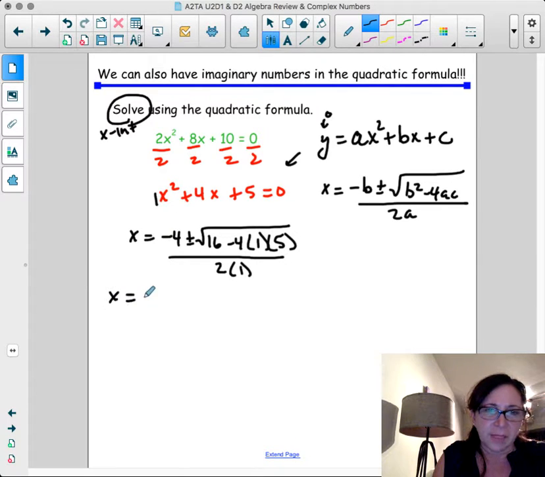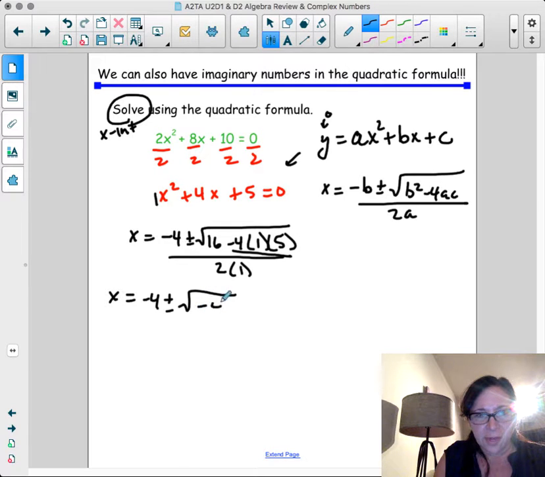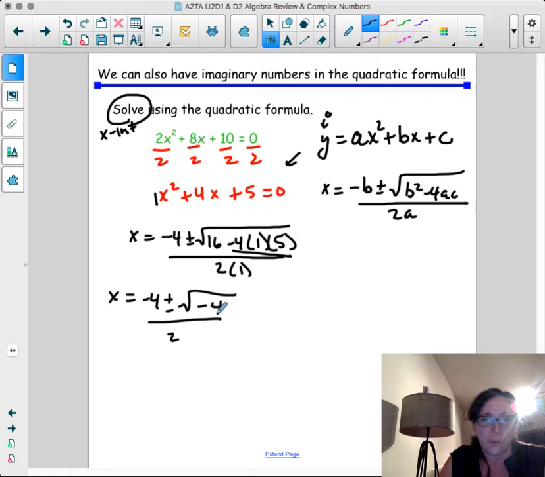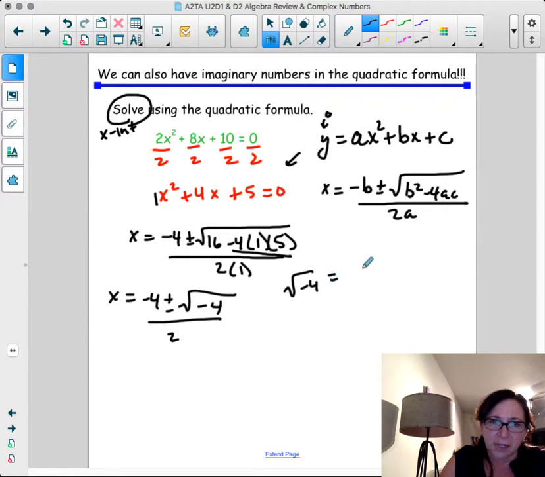This becomes x equals negative 4 plus or minus. Now this looks like 16 minus this right here is all one value, 20. So that's going to be the square root of negative 4, all over 2. Now, the square root of negative 4 is imaginary. It's actually the square root of negative 1 times the square root of 4, which is i times 2, 2i.